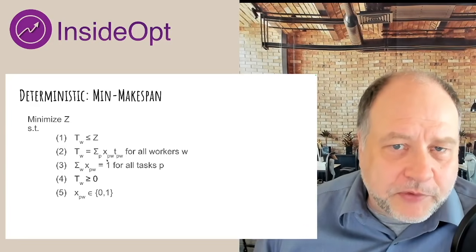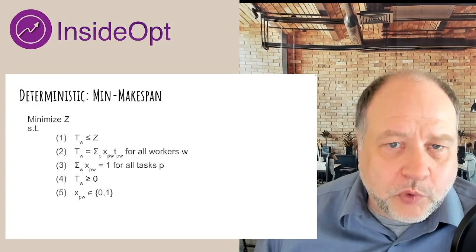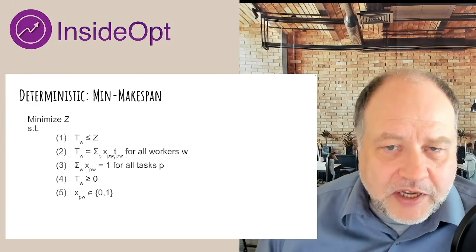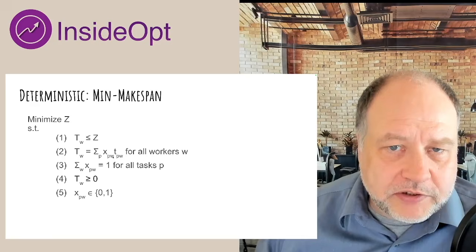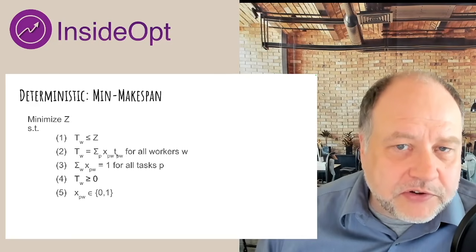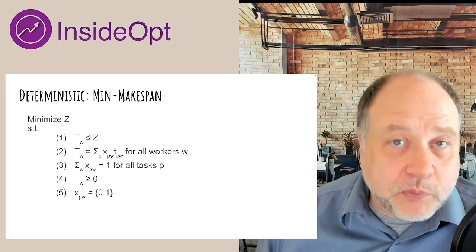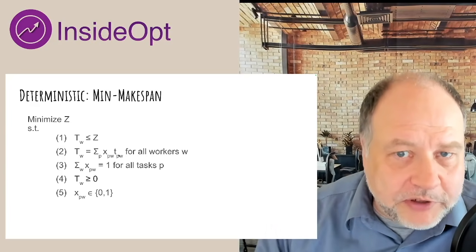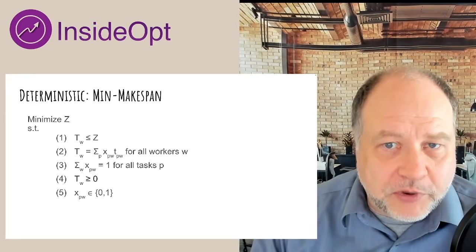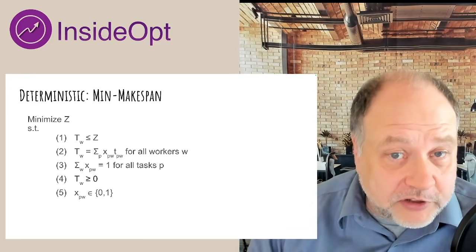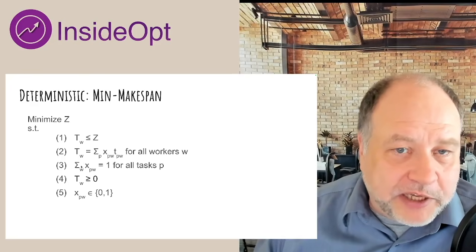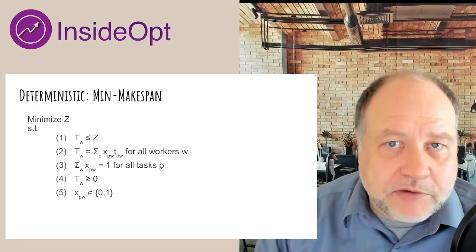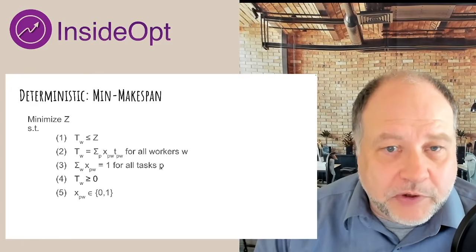And the time that the worker needs, well, that depends on what tasks get assigned to them. So the tasks here are called p for project that are assigned to worker w times the time that this worker actually needs for this particular thing. And we can take the nominal time, multiply that with the efficiency of the worker for this particular type of project. And then, of course, we have binary variables x_pw that sum to 1 for all tasks, so meaning every project gets assigned to exactly one worker.